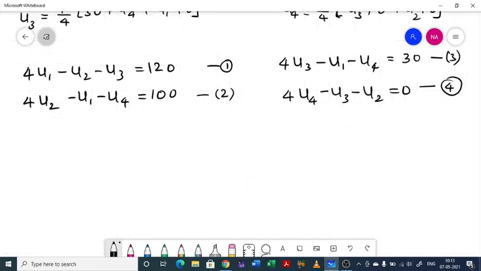Let us eliminate u1 from equation 1 and 2, then eliminate u1 from 2 and 3. So from equation 1 and 2, we will be getting 15u2 minus u3 minus 4u4 equal to 520.